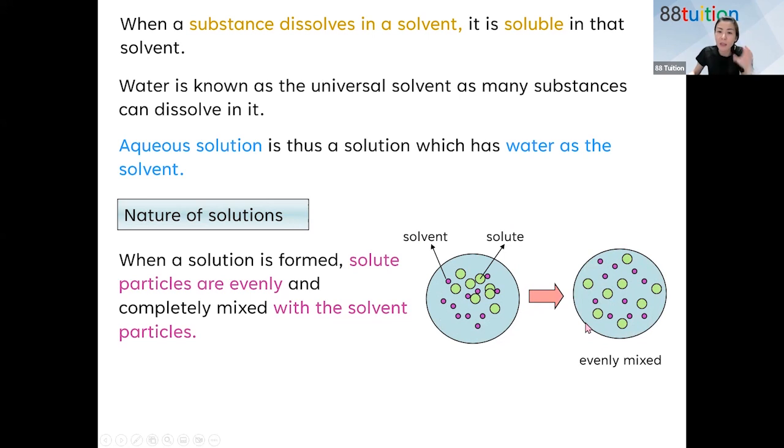They are evenly distributed. If this is my sugar and this is water, when they are stirred, this is what you'll see. They don't cluster to one side. They don't settle at the bottom of the container.